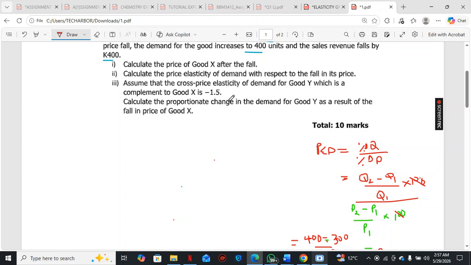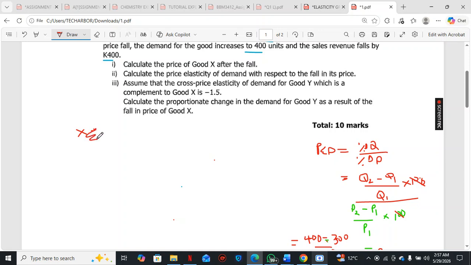Calculate the proportionate change in the demand for good Y as a result of the falling price of good X. Cross price elasticity of demand is how quantity demanded of good Y responds to changes in the price of good X.